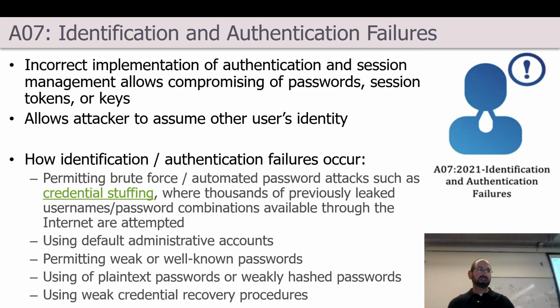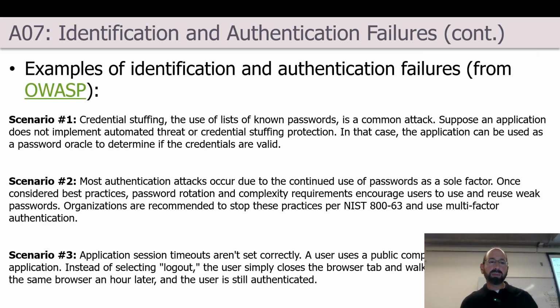Here, if your system just allows for attempting as many passwords as possible, that's a separate but also well-known type of web vulnerability. Also falling under this category is using default or well-known passwords or account information. That is still a very common issue that we see today. And also falling under this category is having weak recovery procedures that themselves can be vulnerable to attack. Here are some examples provided by the OWASP folks.